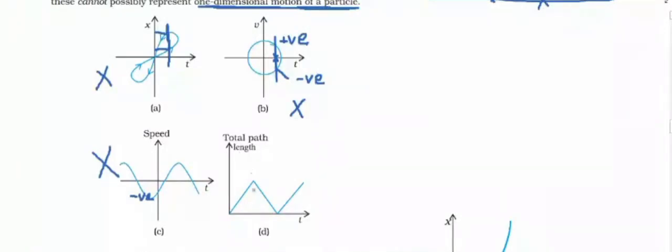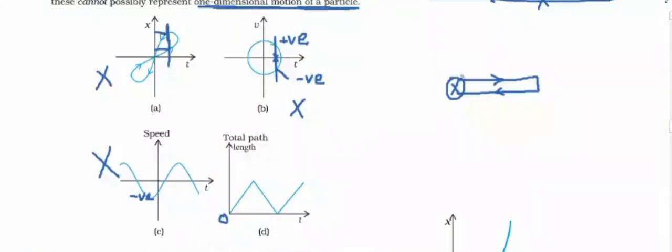Next, graph between path length and time. You can see there the path length increases with time here. Is it possible? If you take this one origin 0, path length increases, then path length becomes 0. So here, just consider an object returns back to the initial position. We say as the object returns back to the initial position, its displacement is 0.